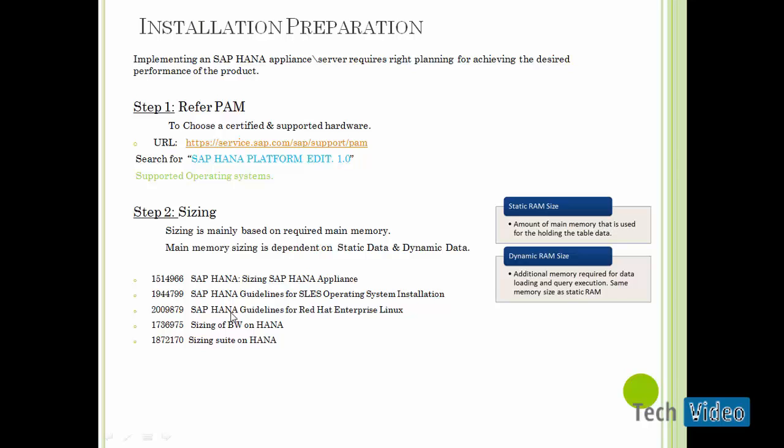And going further, so now we have understood what is main memory, how does the sizing of main memory take place. Here are some of the recommended SAP notes provided by SAP for an administrator to refer so that right sizing of the server can be achieved.